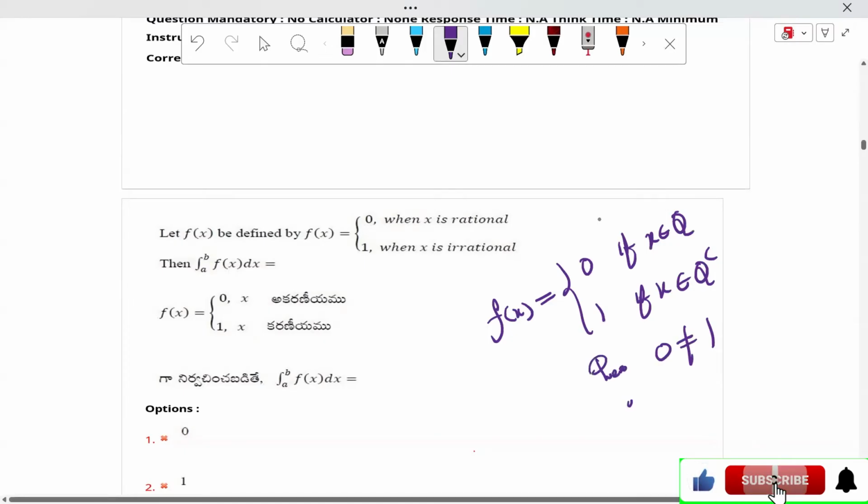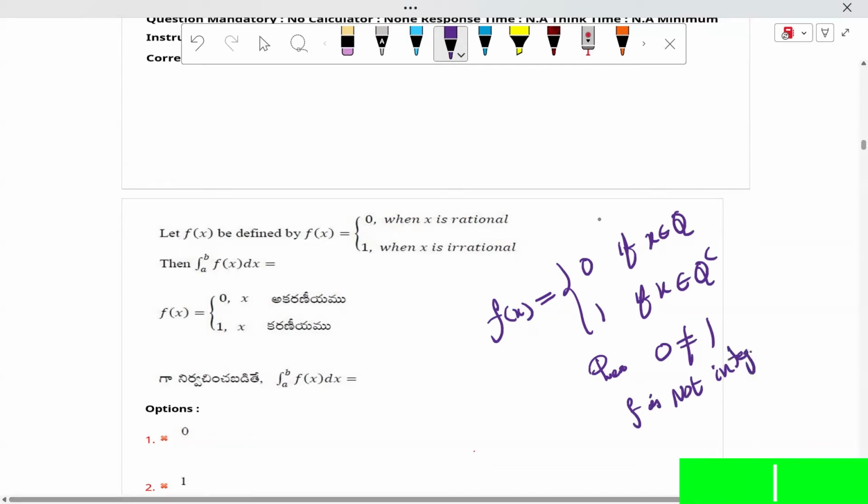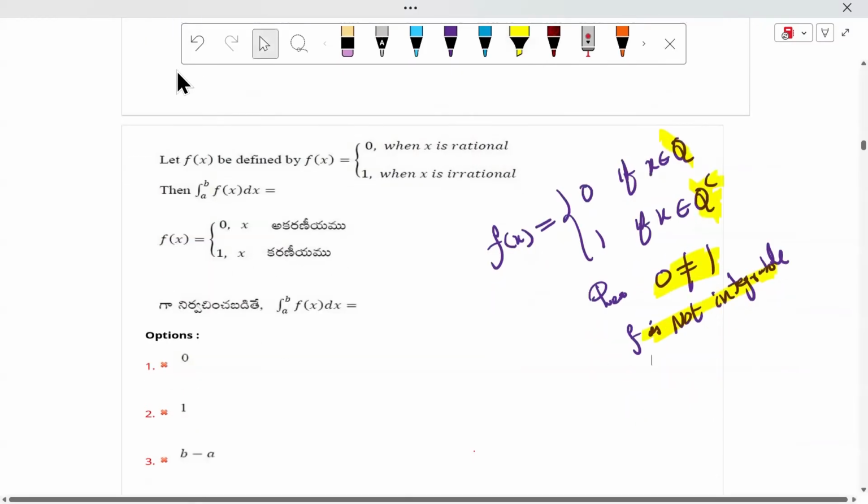So therefore f is not integrable. F is not integrable. f అనేది ఇంటిగ్రబుల్ కాదు. ఎప్పుడు రేషనల్ ఇర్రేషనల్ గురించి మాట్లాడినప్పుడు ఎప్పుడైనా గుర్తుపెట్టుకోండి, బోత్ ఆర్ నాట్ ఈక్వల్ అయినాయి అనుకోండి, నాట్ ఇంటిగ్రబుల్. f అనేది ఇంటిగ్రబుల్ కాదు.